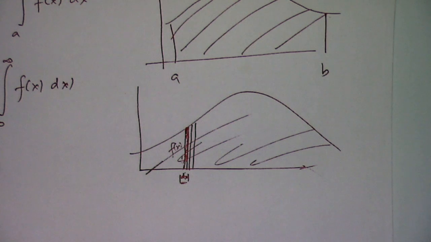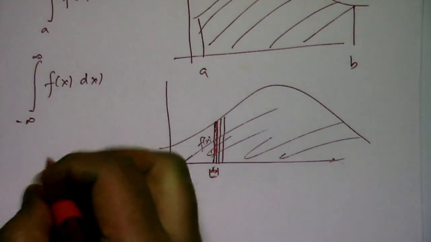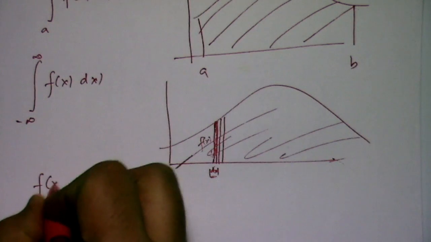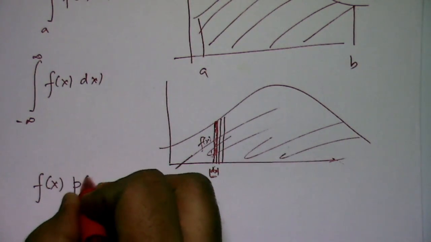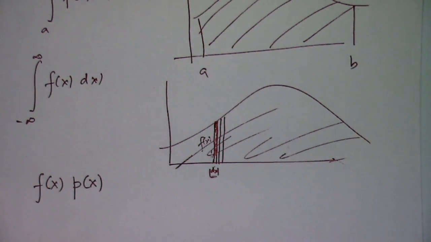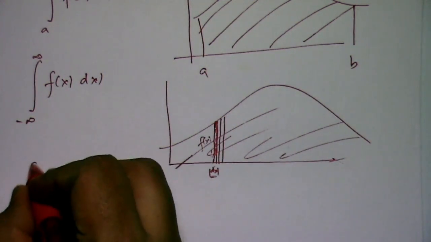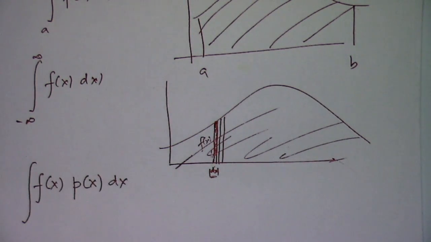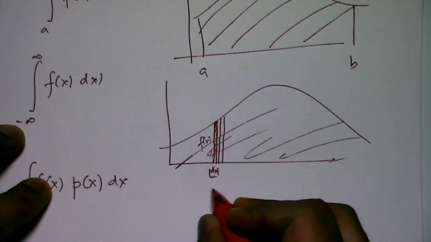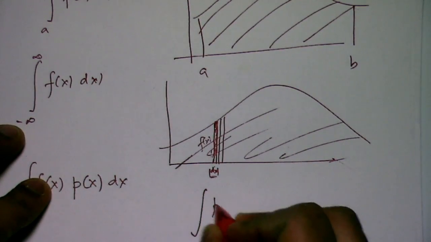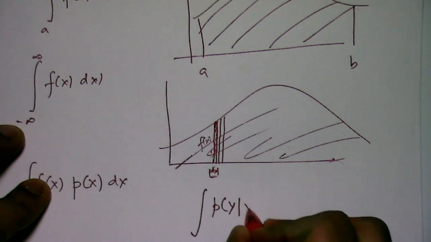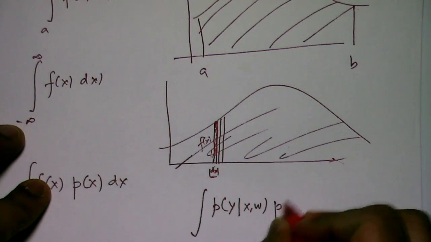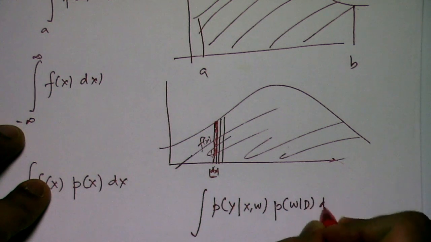But how do we do it in this case? So here what we have is some function of x, and then that gets multiplied with some distribution of x, dx. So this is what we want to compute, right? In a simple way, of course, for Bayesian inference, the exact equation looks like this, right?